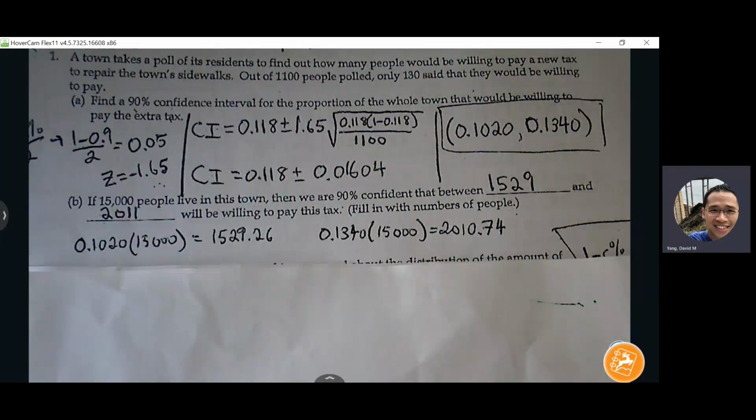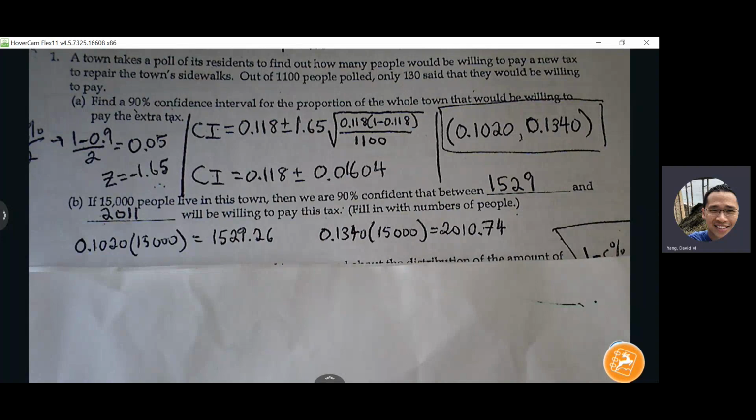Okay, so then part B, we're using that information that we gathered. It says if 15,000 people live in this town, then we are 90% confident that between what two numbers will be willing to pay this tax. So we can do 10% of 15,000, and we can do 13% of 15,000, and then find that range of values.